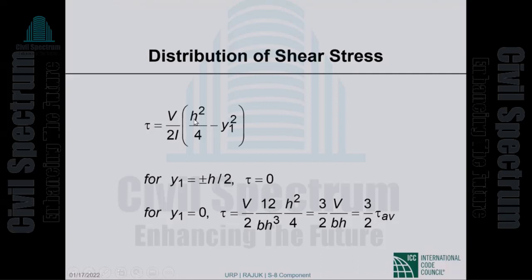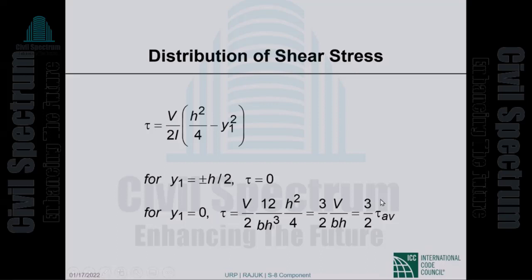We have written it out. h squared by 4, y1 is 0. So at the neutral axis, tau is 3/2, 12 over 8 is 3/2, V over bh. V over bh is the average shear stress over the entire section. So the maximum shear at the neutral axis is 1.5 times the average shear.